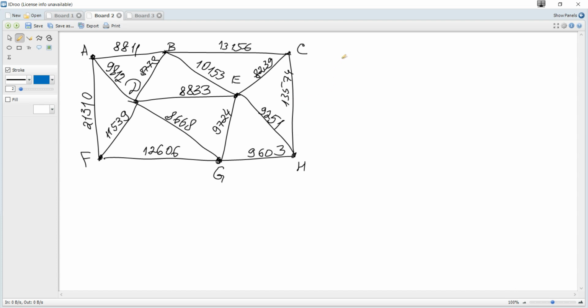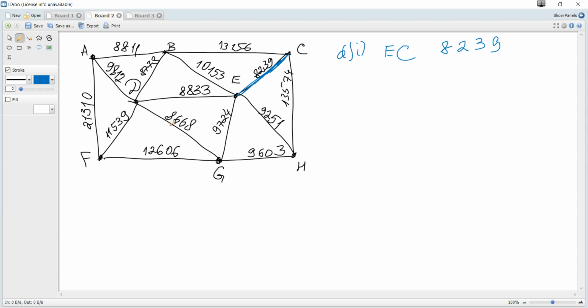So we start with the edge with the least weight, and you can see that it's EC, and again we should consider the edge with the least weight among the remaining, and it's G.